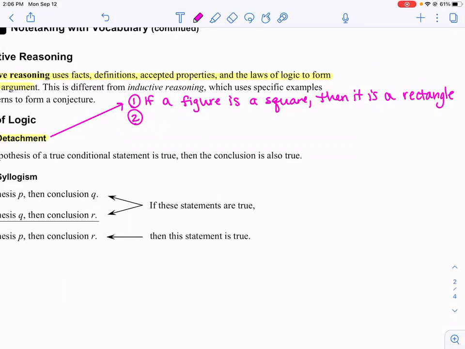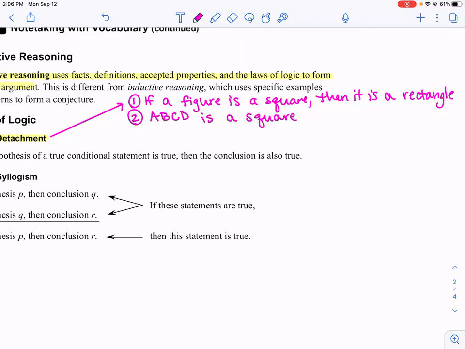Wait, then is a rectangle not a square? No, a square is some equal size. No, because wait, no, here, explain. So in fifth grade, our teacher would always tell us that, I can't remember which one is what. One of them is the other one, but the other one's not that one. Yeah. Agree, which is what was a part of your homework last night. A square is a rectangle, but a rectangle is not a square.